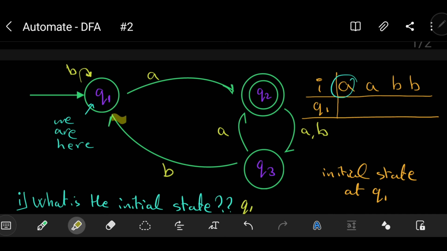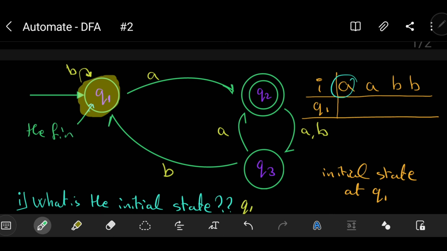Now, in question number 4, the final state of AABB is Q1.